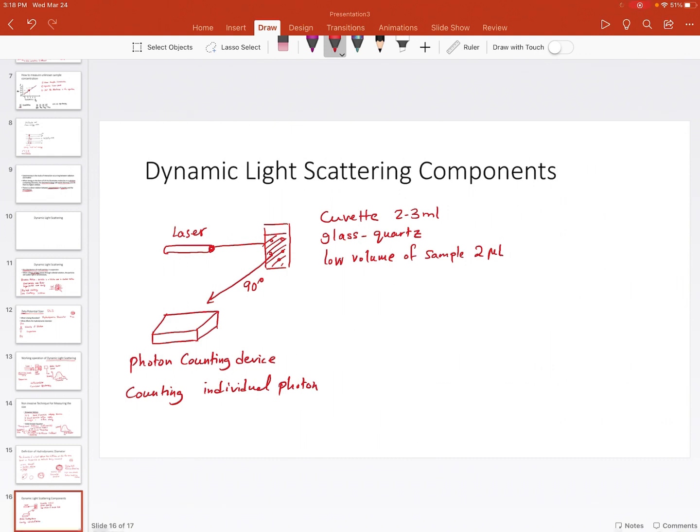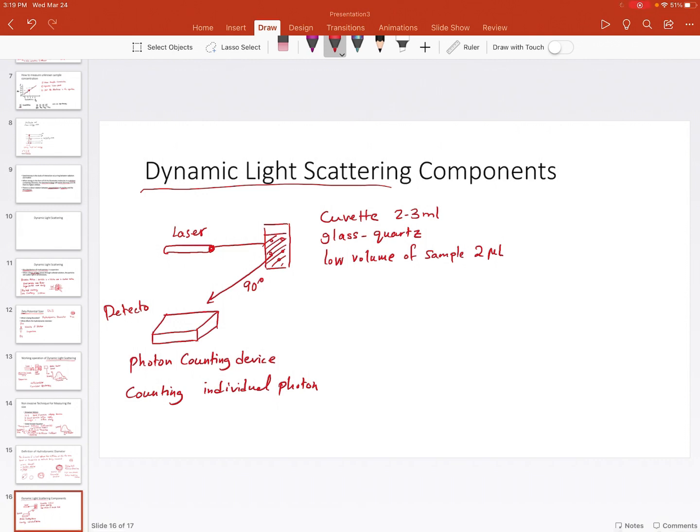So that's why sometimes we call this technique photon correlation spectroscopy. But again, dynamic light scattering is a more common name for this technique. So this is our detector. This detector is counting the photons that are scattered from our sample.